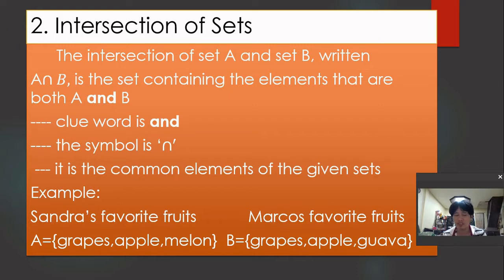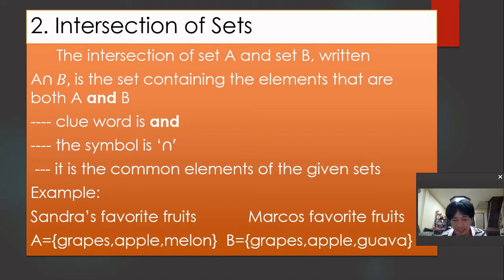Just have grapes. Sandra likes grapes. How about Marco? Does he like grapes also? Yes. So the fruits in which they are in common are, let's have grapes.